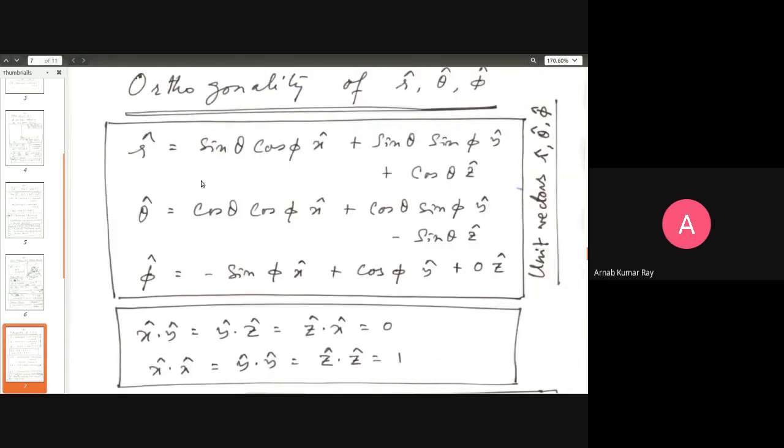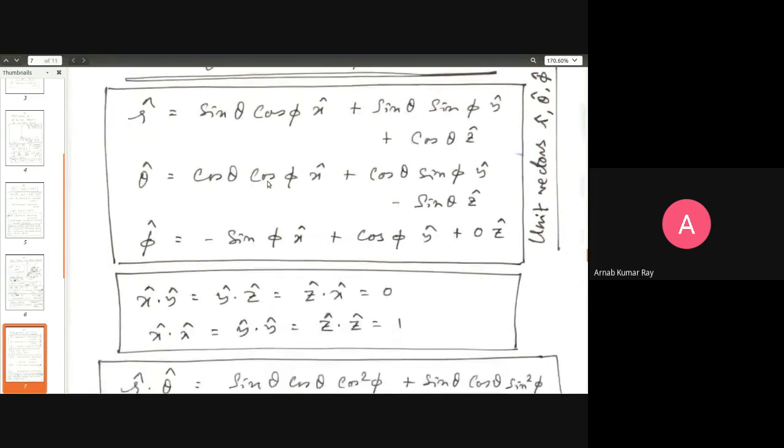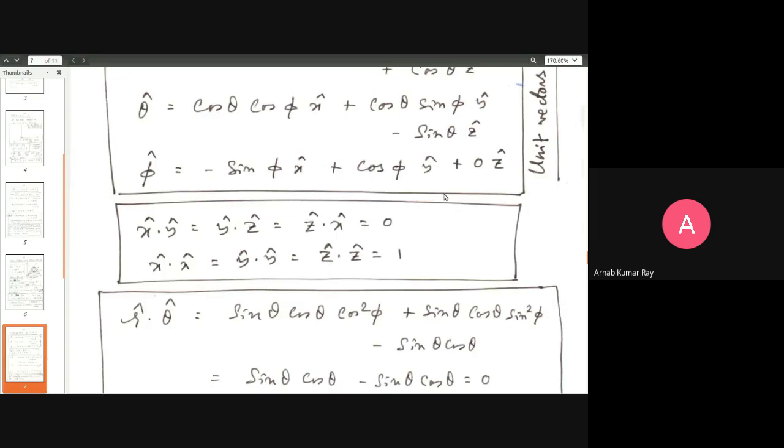Okay, now let us take r cap dot theta cap. Let's see. When you do that, x cap dot x cap will give you 1. x cap dot y cap and x cap dot z cap will be 0. Similarly, y cap dot x cap, y cap dot z cap will also be equal to 0. And likewise, it's only the x cap dot x cap, y cap dot y cap, and z cap dot z cap products that will survive.